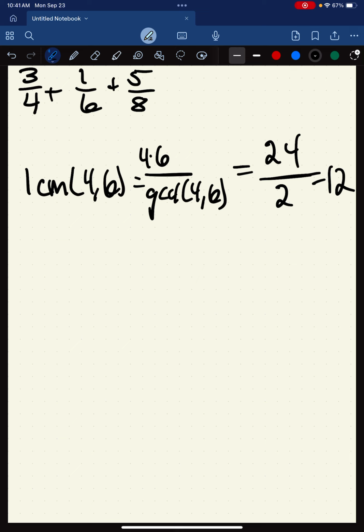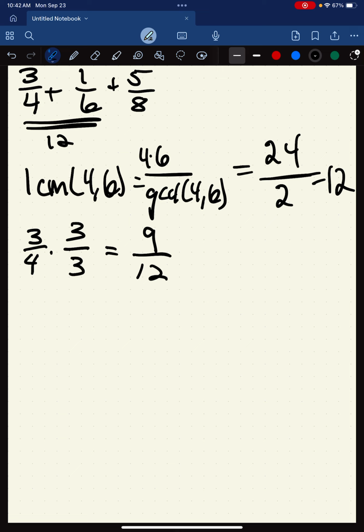So for these two, the common denominator is 12. Let's go ahead and deal with that first. What can we multiply 3/4 by to give us something over 12? Well, 4 times 3. And what about 1/6, to give us something over 12? It's going to be 2.